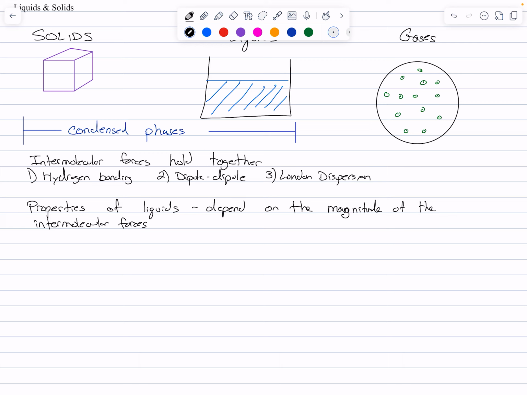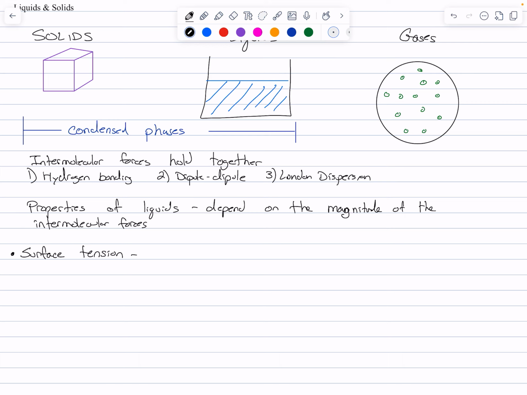And so what are some of these properties? Well, the first one we're going to talk about is surface tension. I'm sure you've heard of it before. This is why we don't go face first into the pool, right?